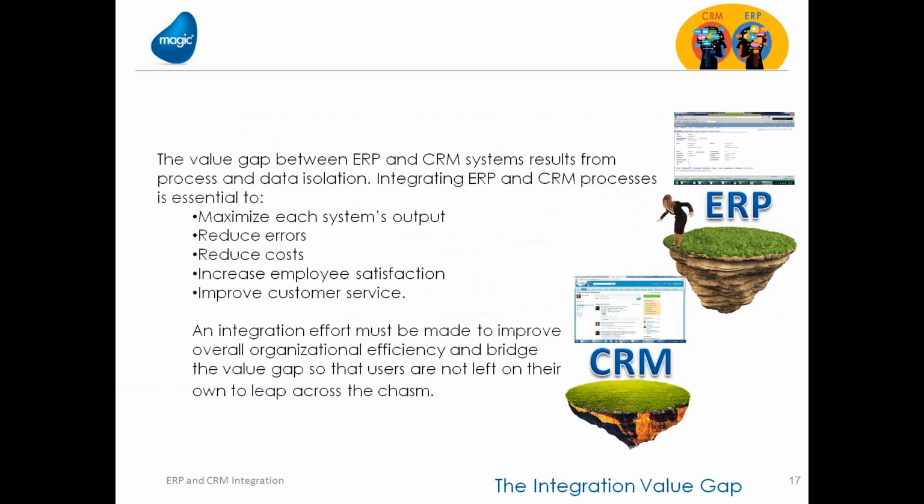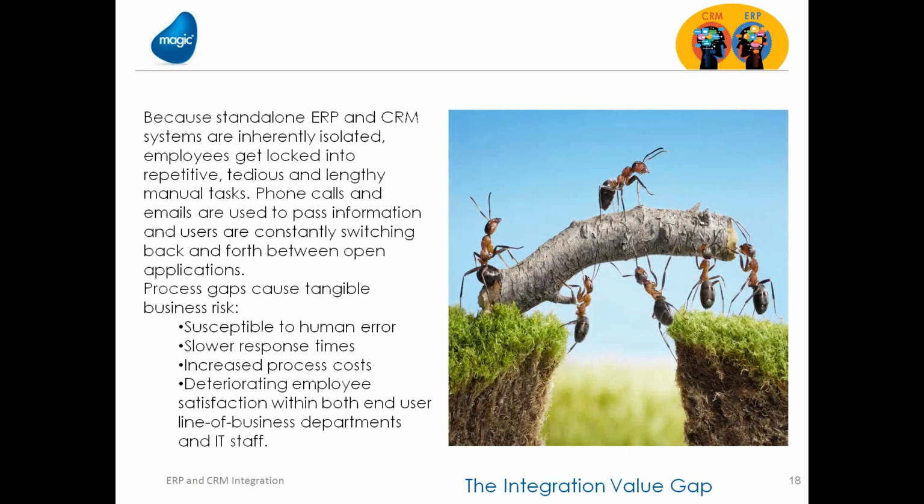So no need to panic. The value gap between ERP and CRM systems results from this process and data isolation, and it's really important that you integrate these processes in order to maximize each system's output, reduce errors, reducing costs. This integration will increase employee satisfaction just from the lack of frustration in the brokenness of the processes, and ultimately, and most importantly, perhaps improve customer service and bottom line business satisfaction.